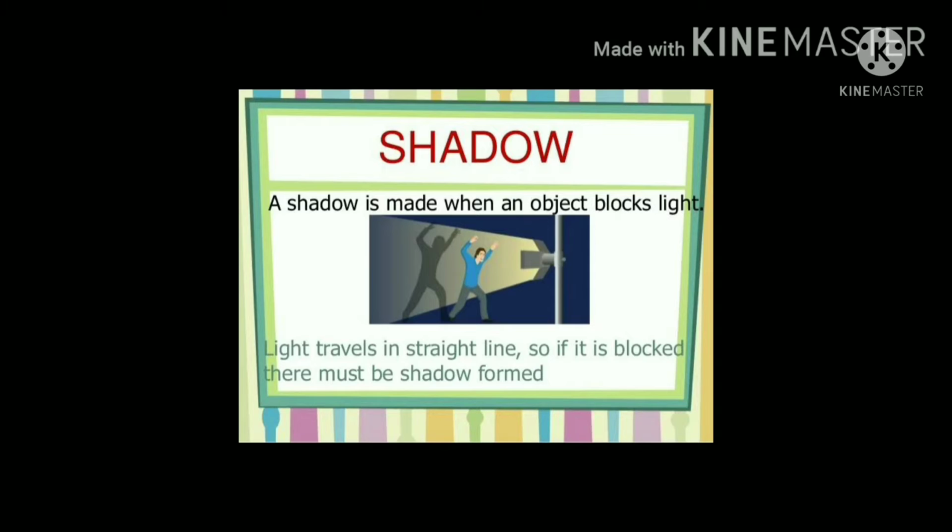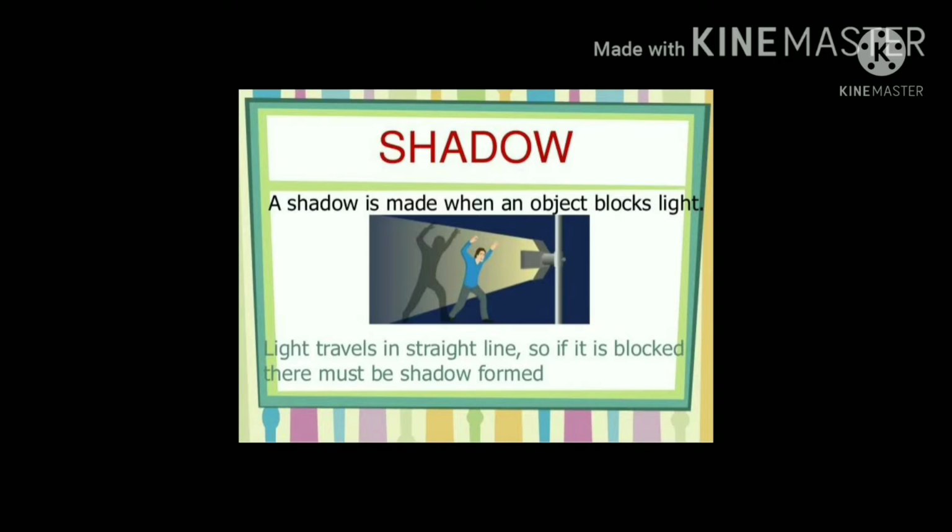If an opaque object blocks the light falling on it, why does it block? Because it does not pass the light. This creates an area of darkness on the side of the object away from the source of light.